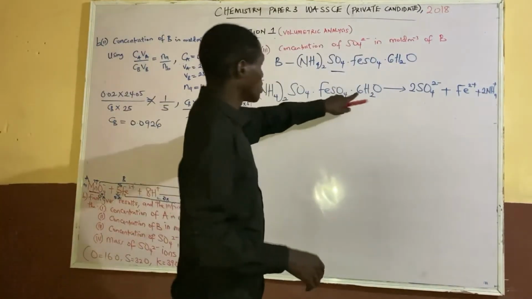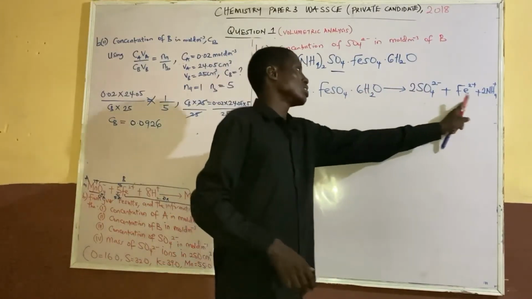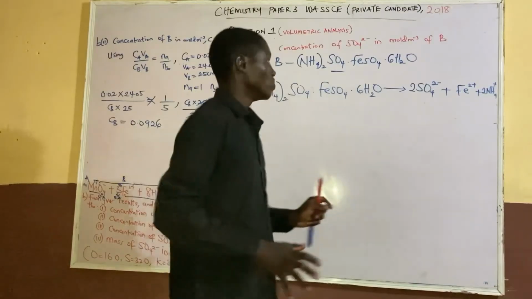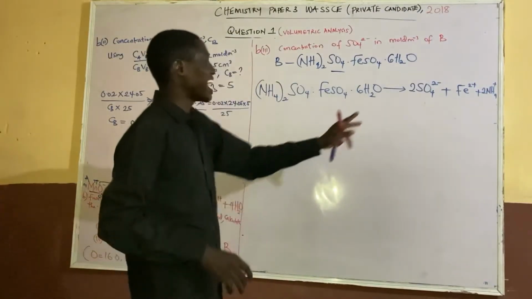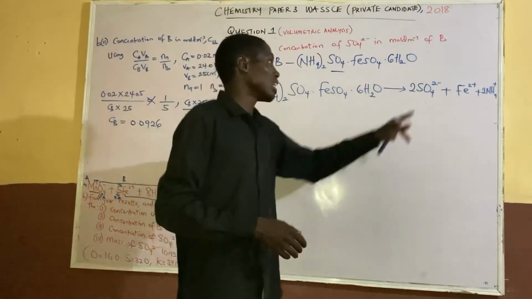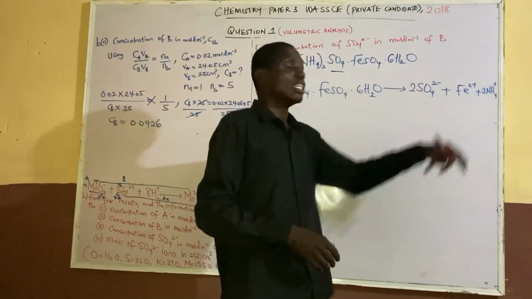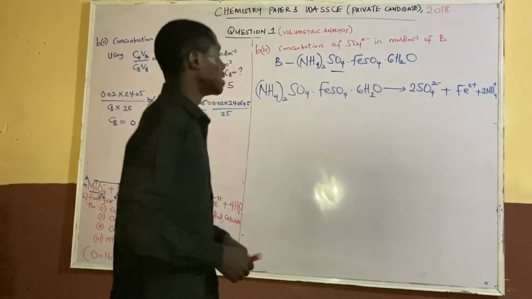Because this has already dissociated in water, we are not considering the water. So these are the ions in operation when they dissolve in water: 2 SO4 2 minus, Fe2+, and 2 ammonium ions. Now look at this.